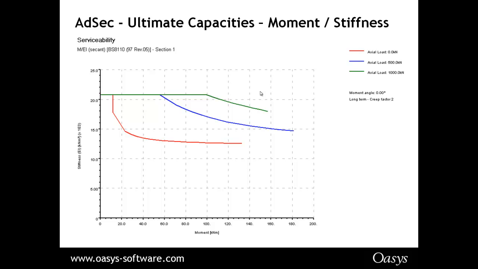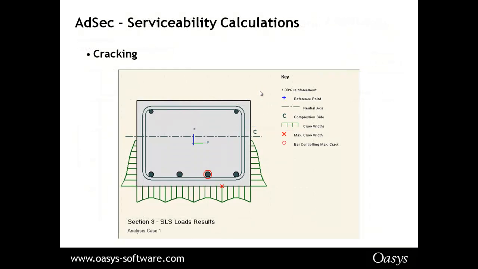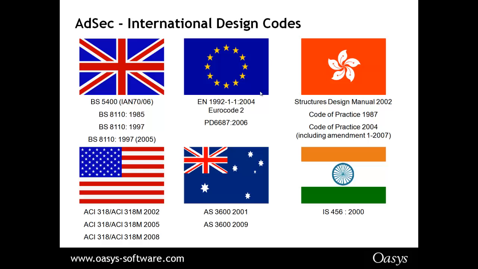Output is the EI, or the stiffness, and this can then be fed into GSA for more accurate concrete deflections. Apart from these charts, from AdSec you also get calculations like serviceability, crack widths, and the calculations are to all these international codes from wherever you need them.